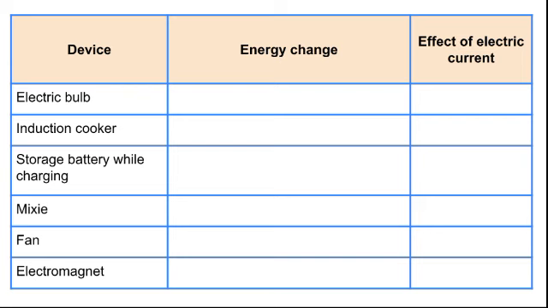In an electric bulb, we are providing electricity and light energy is released by the bulb. So, the energy change taking place in an electric bulb is electrical energy to light energy. And the effect of electric current utilized here is the lighting effect of electricity.